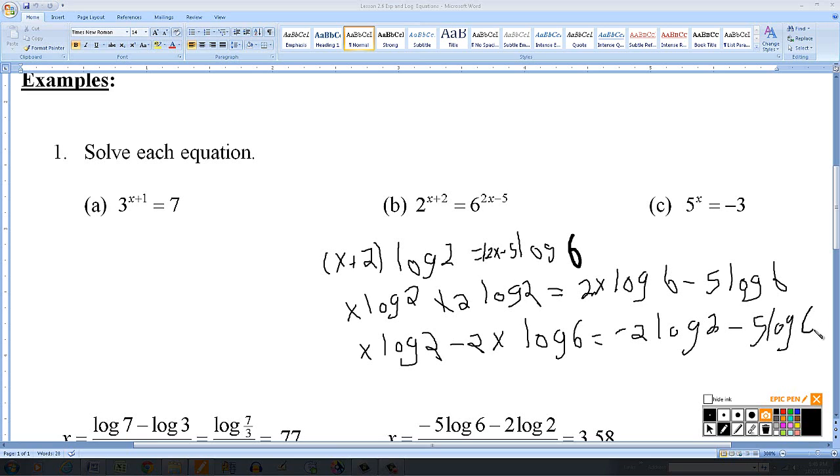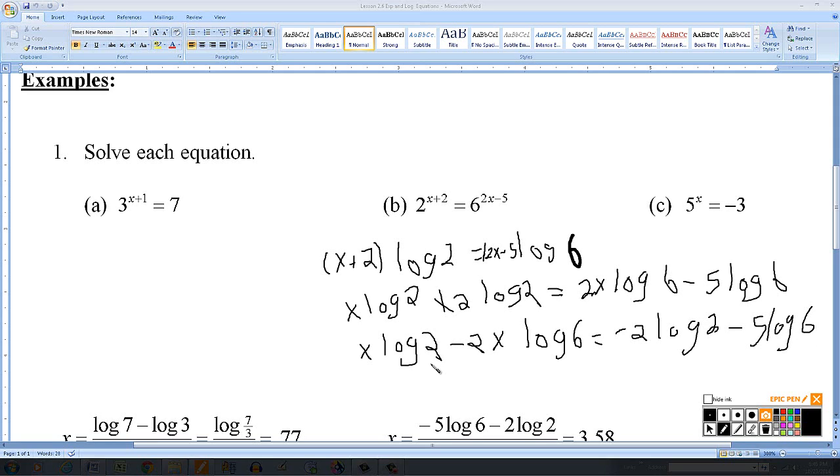Okay, so what I'm going to do then is factor x out of the terms on the left side, and the parentheses will leave me with the log of 2 minus 2 log of 6, and then I'm going to divide both sides by that.